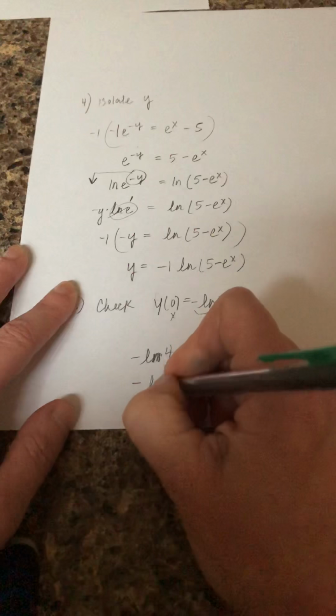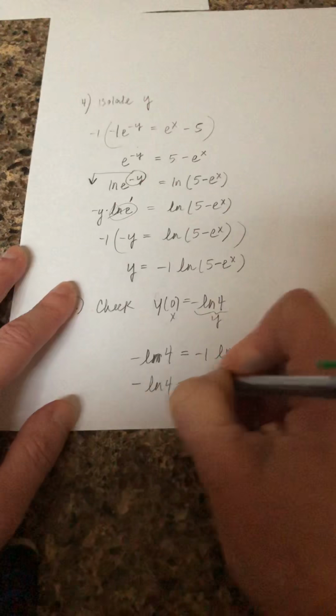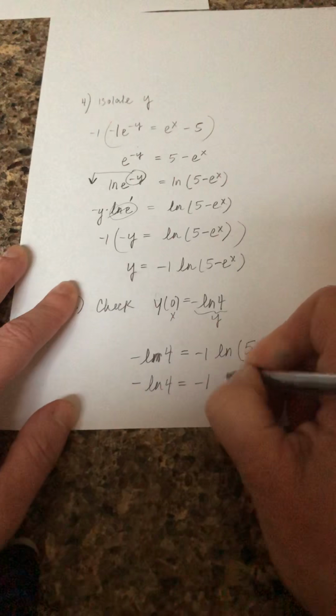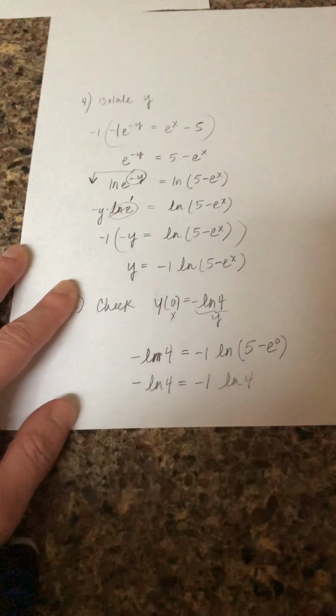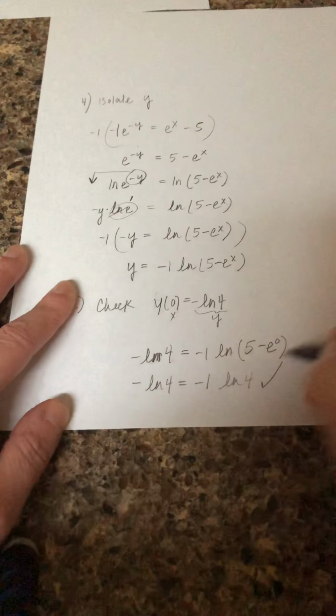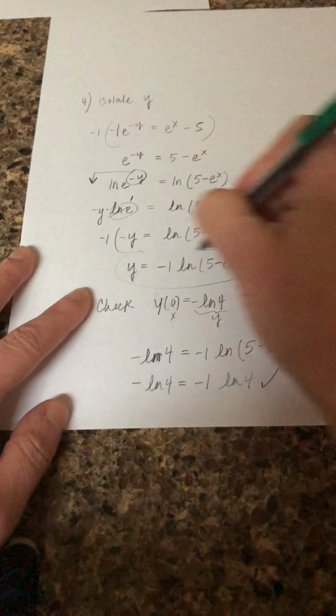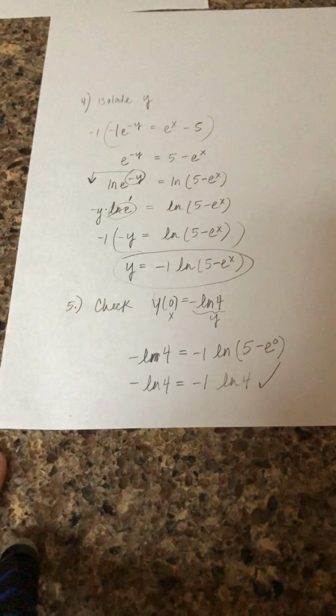So we have negative ln of 4 equals -1 times ln, well, e to the 0 is 1, 5 minus 1 is 4. So it looks like we have a valid statement, right? So at this point we can go back, circle this as our final answer, and there you have it.